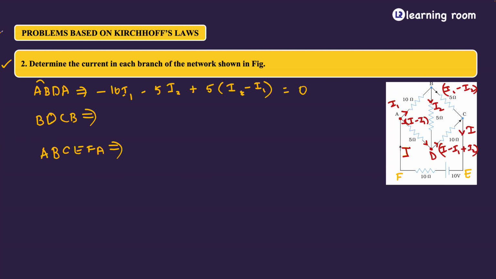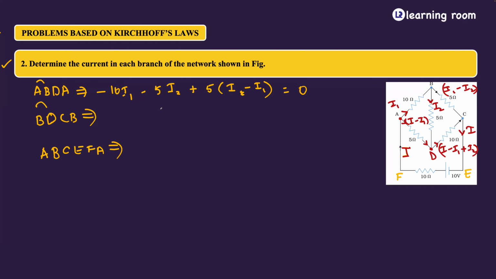So let me frame the equations. When I go from B to D, it is going to be 5 into I1 minus I2. But since you are walking in the direction of current, it is a minus sign. Similarly, when you go from, oh, sorry, wait. I went in reverse, sorry.